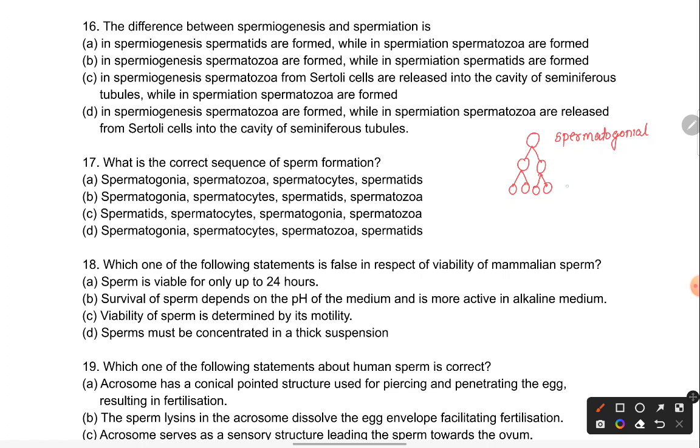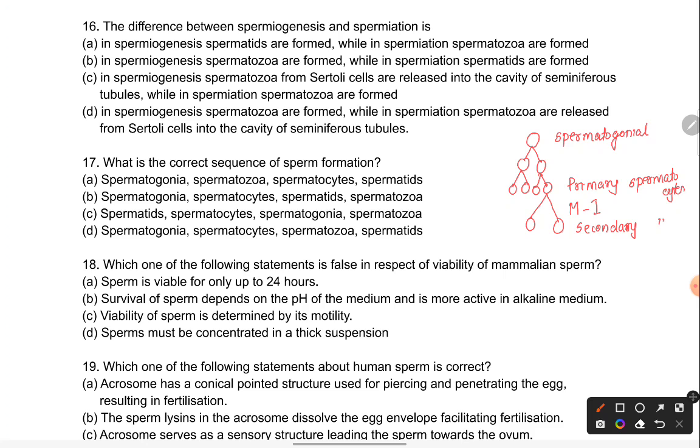And those cells which enter meiosis are known as primary spermatocytes. The primary spermatocytes undergo the first meiotic division, meiosis 1, and form secondary spermatocytes.